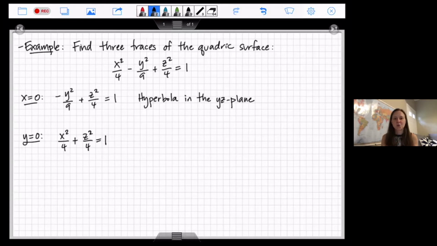This is actually a circle. And this is a little bit easier to see if you multiply both sides of this equation by 4. Then you're going to get x squared plus z squared equals 4.